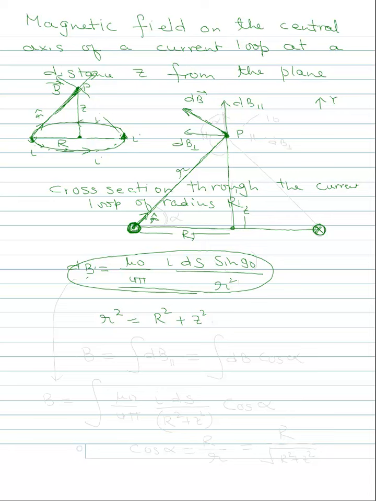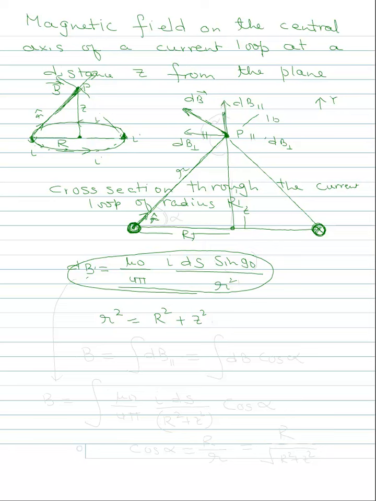If I'm also looking at the contribution at this point P due to the current element here, I have to look at the dB due to this particular element, and that would have a perpendicular component that will cancel this perpendicular component, and whose parallel component will add up with this. So in other words, all we need to take into account is the parallel component.